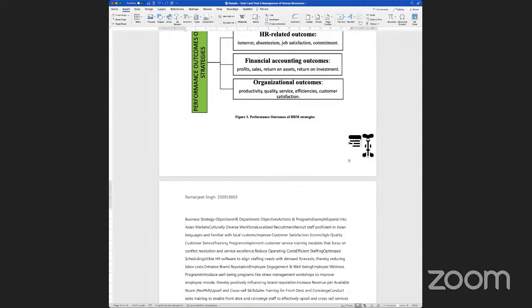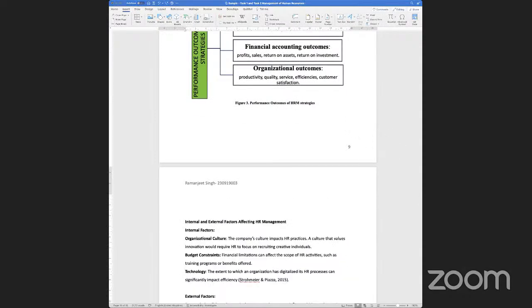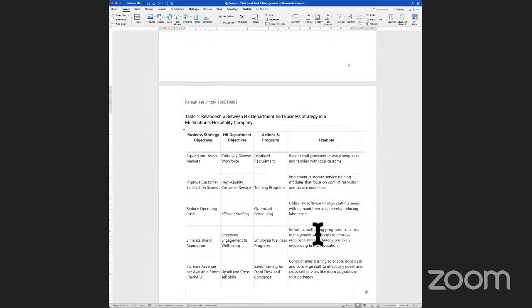So if I have to put a table here, just as an example, to highlight this particular point, what I would suggest is to do a table which would explain this in a bit more detail. It could be something like this.